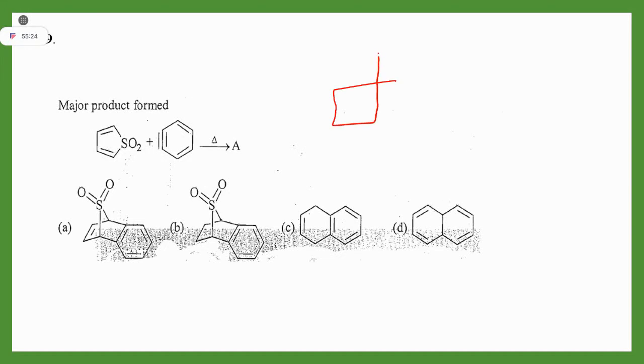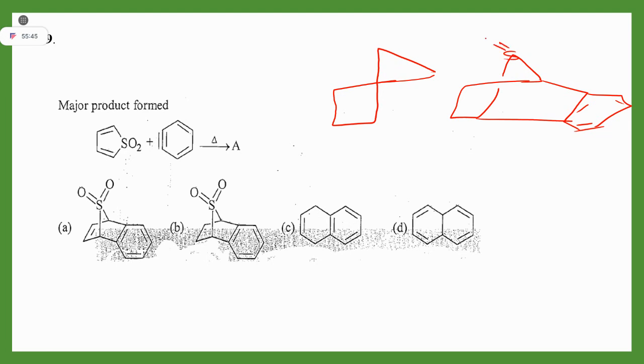Your first product will be this. Sorry for my drawing. SO2, and one double bond will come here. Correct.